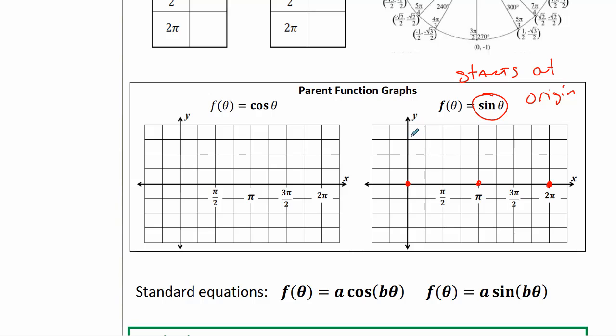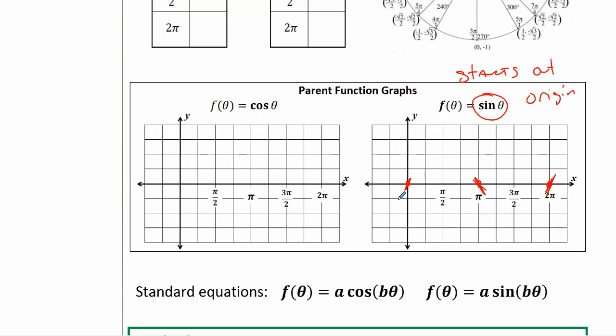So think about this, okay? At the beginning point, this graph is always going to go from below to above. So the graph is going to go like this, okay? Then at the end of the period, the cycle here, it's going to do the same thing. In the middle, it's going to do the opposite.